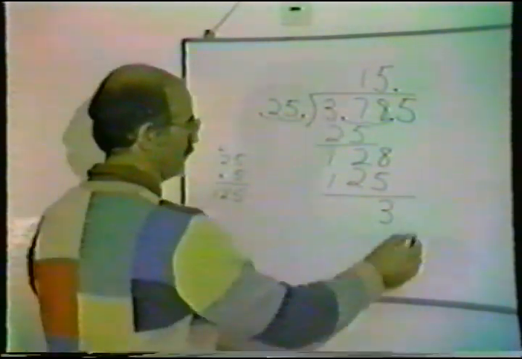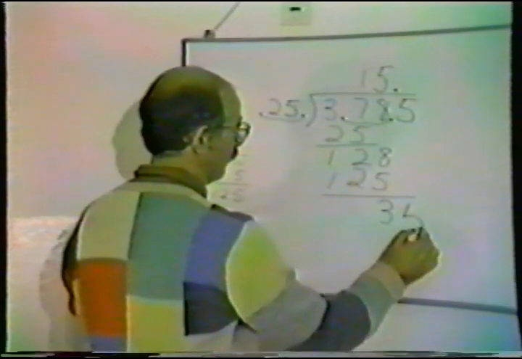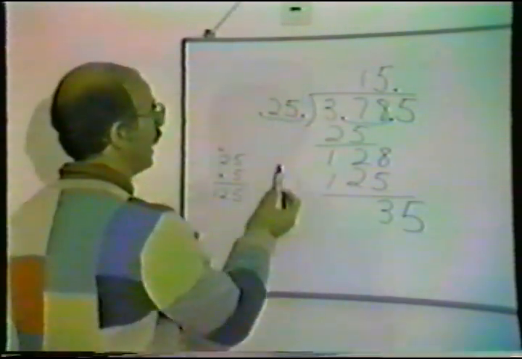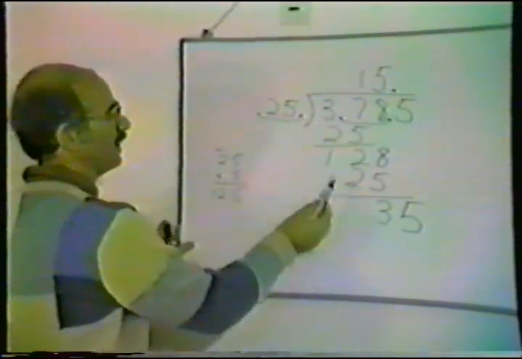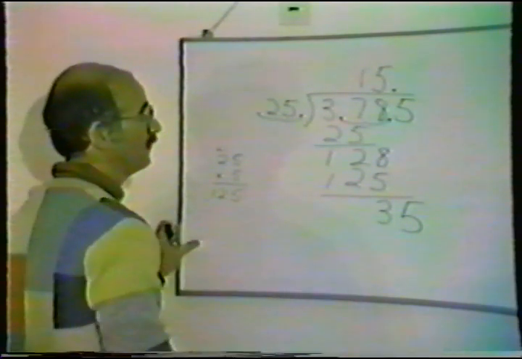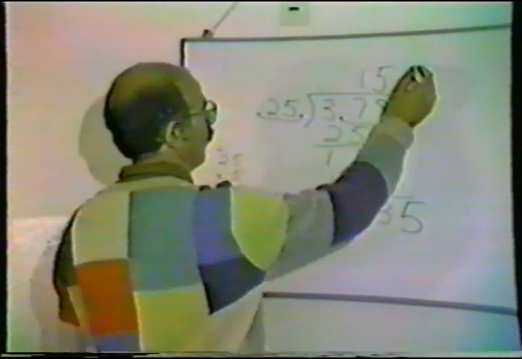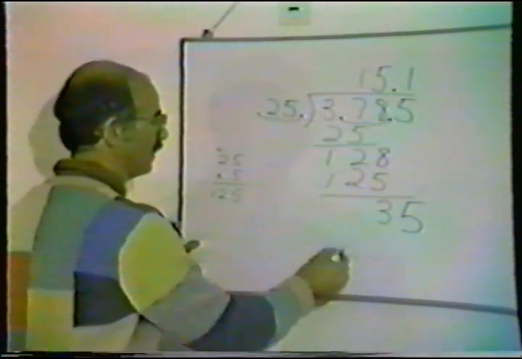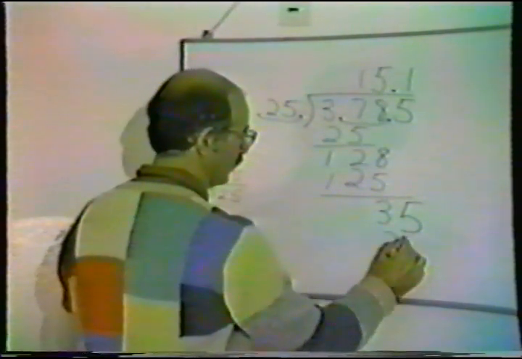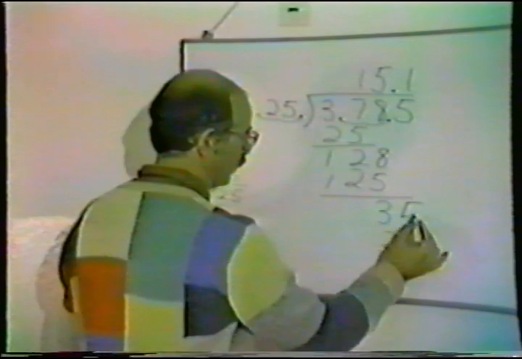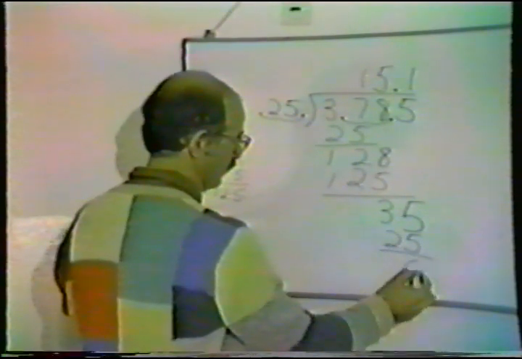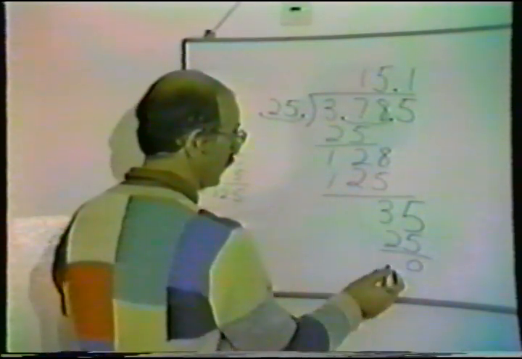That's all. Bring down the 5. How many 25s in 35? 1. 1 times 25 is? 25. 5 take away 5 is? 0. 3 take away 2 is?